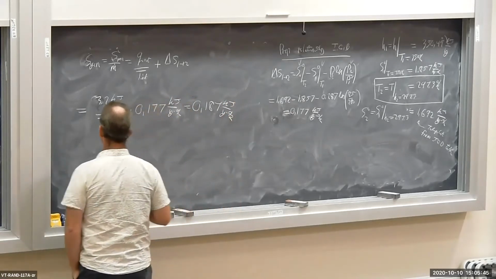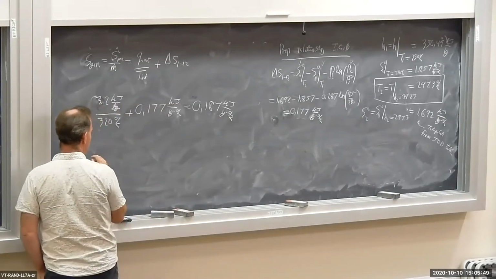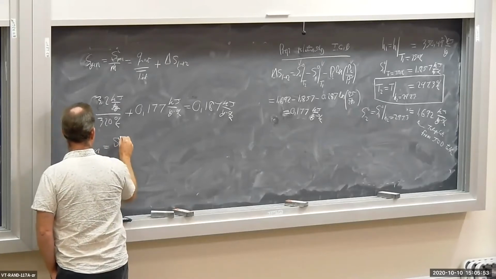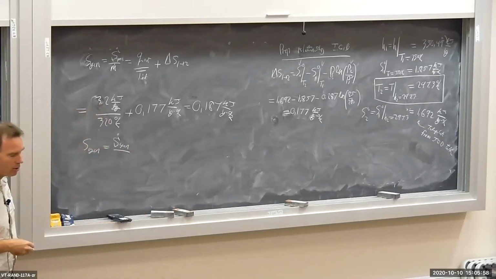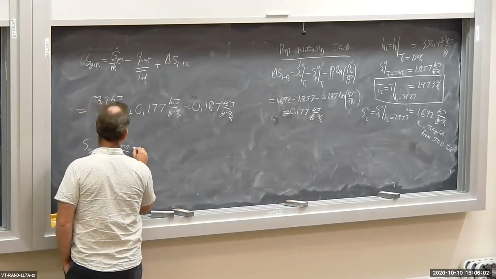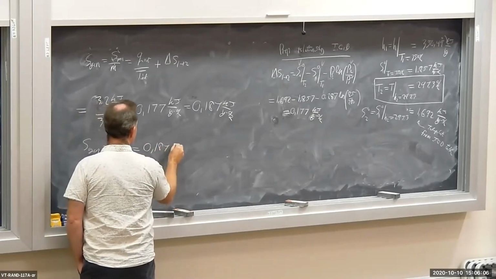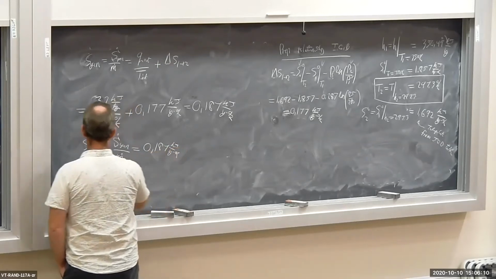So the rate of entropy generation per unit mass flow, s gen, which is the rate of entropy generation inside my nozzle, per unit mass flow of air through my nozzle, is 0.187 kilojoule per kilogram degree Kelvin.